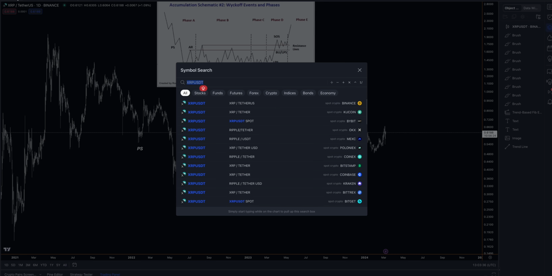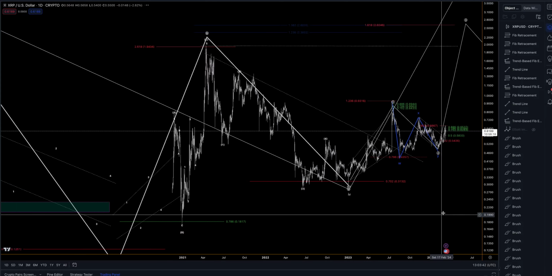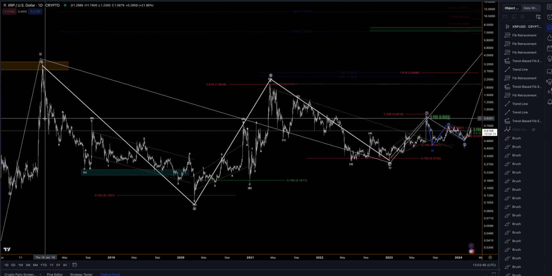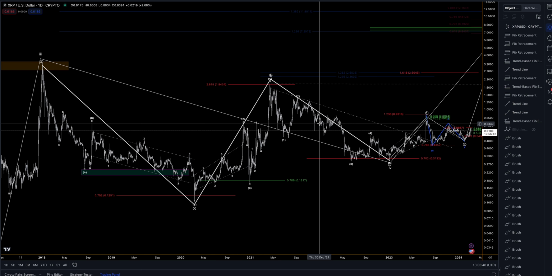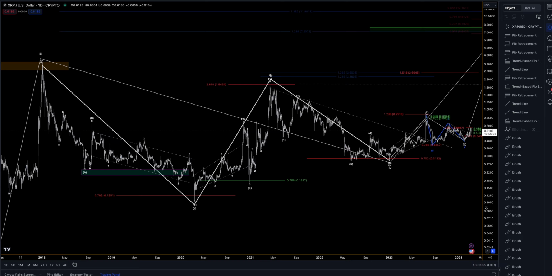When we go on the long-term chart here on XRP, we see that exact same thing. So we see A, B, C, a 3-wave move down, a 3-wave move up, and a 5-wave move to the downside with a truncation in the 5th wave.